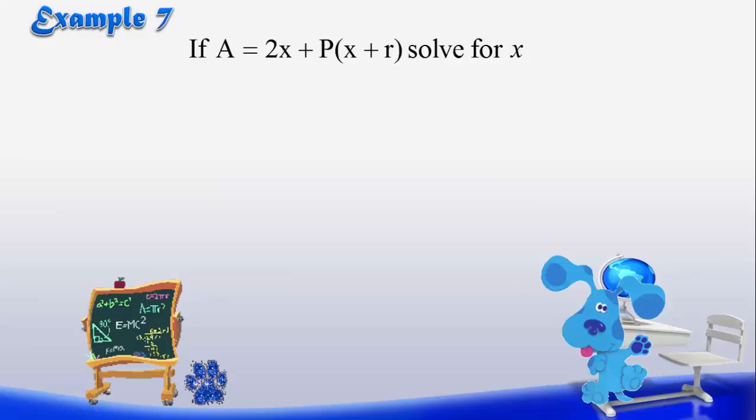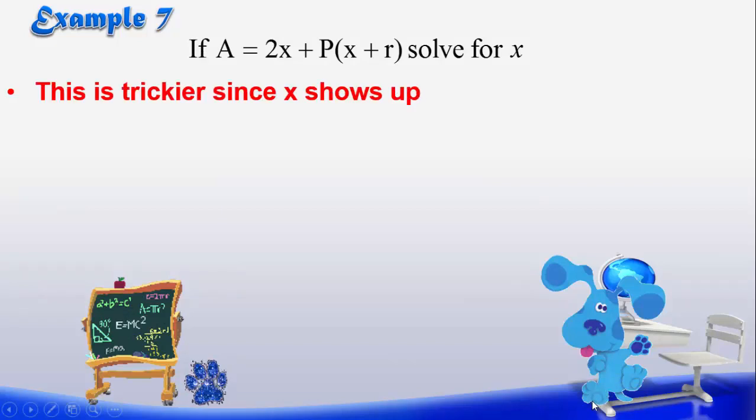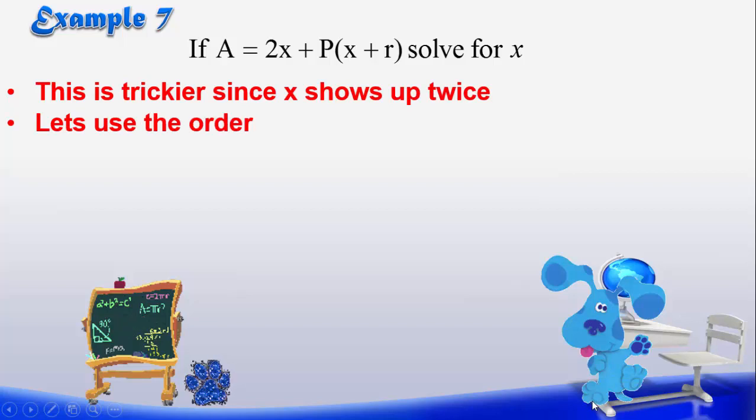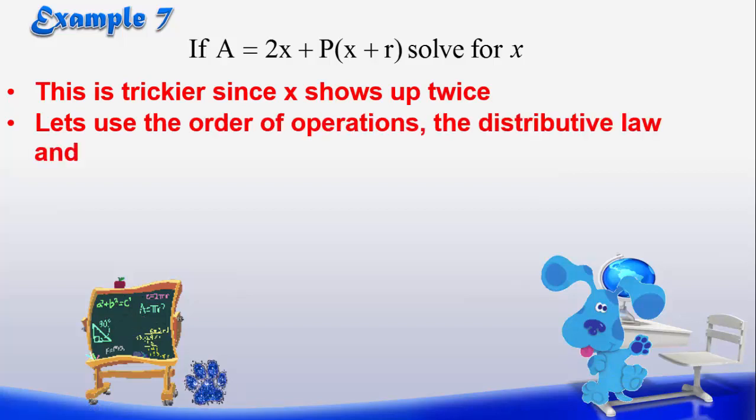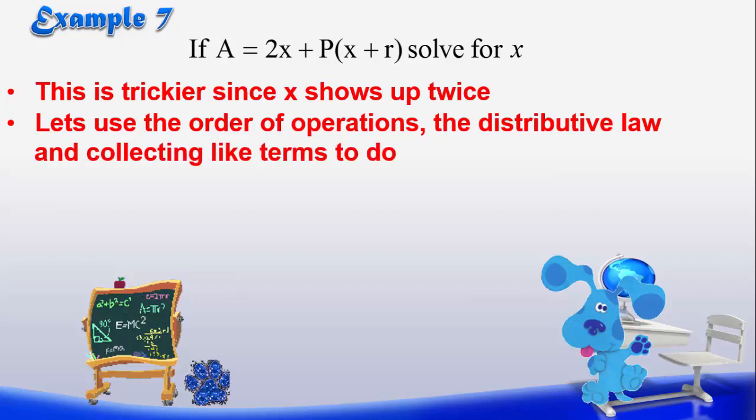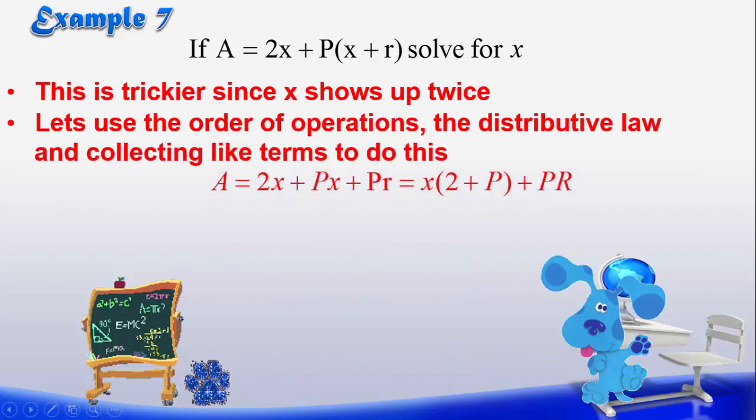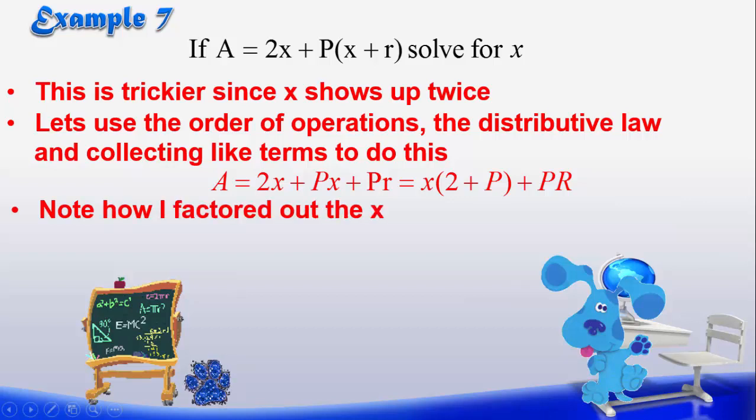So let us review what I just did on the whiteboard. This is a bit trickier since x shows up twice. So we used the order of operations, the distributive law, and collecting like terms to do this. And we got a is equal to 2x plus px plus pr, which is equal to x bracket 2 plus p close bracket plus pr. Note how I factored out the x.